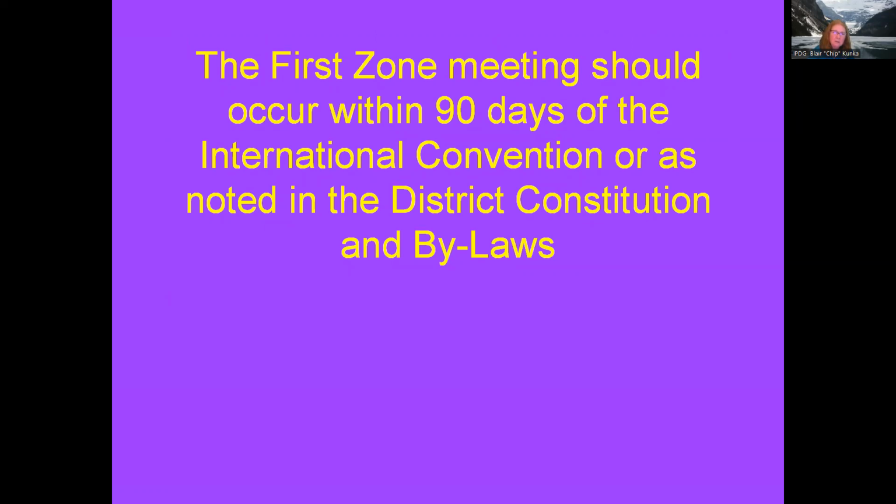And if the International Convention is the 1st of July, that means 1st of August, 1st of September, 1st of October, and sometimes it is not possible to have visited your clubs prior to a scheduled zone meeting. So please use common sense. You may want to delay your zone meeting for a couple of weeks so that you have a chance to visit with your clubs.